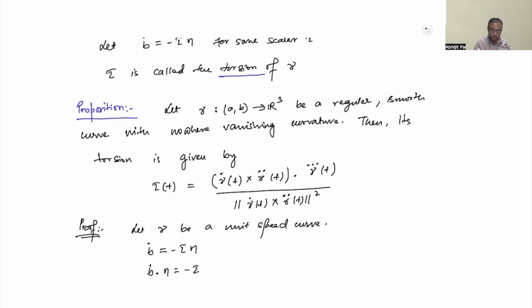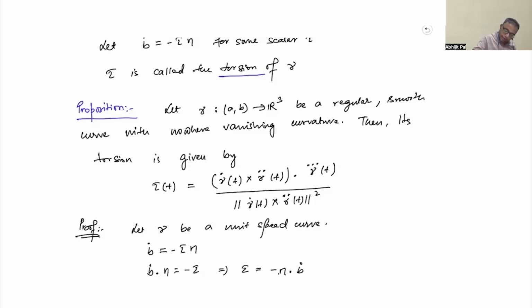Again, b dot, dot product with the normal vector n, is equal to minus tau. So this implies that this torsion tau is equal to minus the normal vector dot product with B dot.